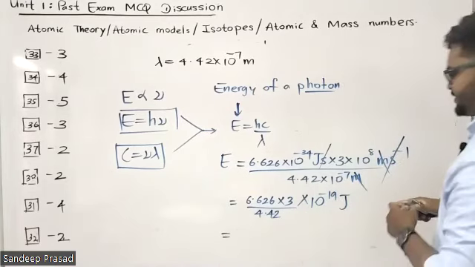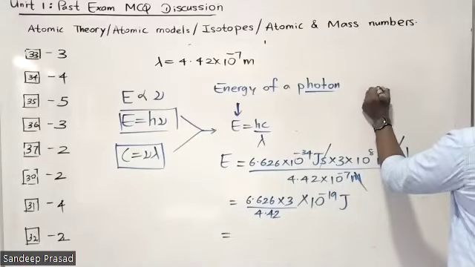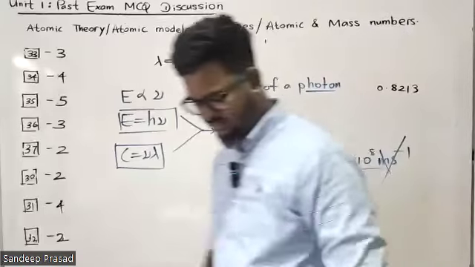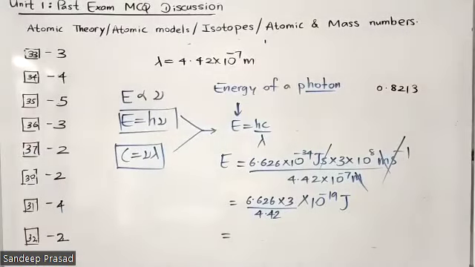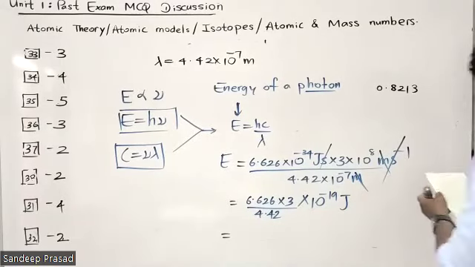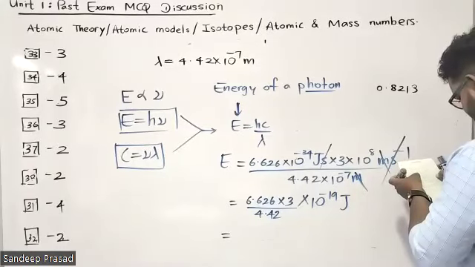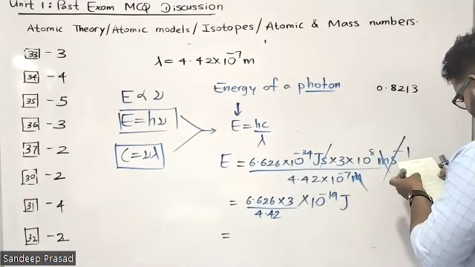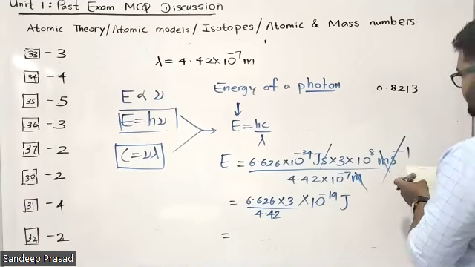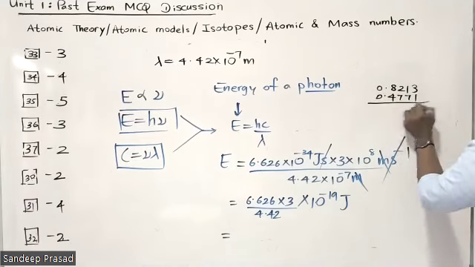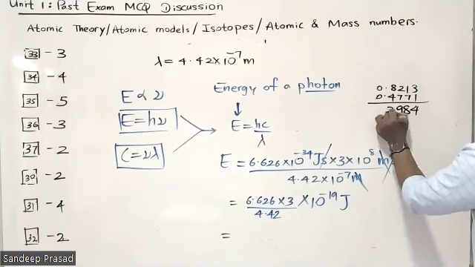Students, the log value for 6.626 is, as I can remember, 0.8213. But let's do the log calculations together. 6626. The log value for 3 is 4771. So summation 4, 8, 9, 12, 1.